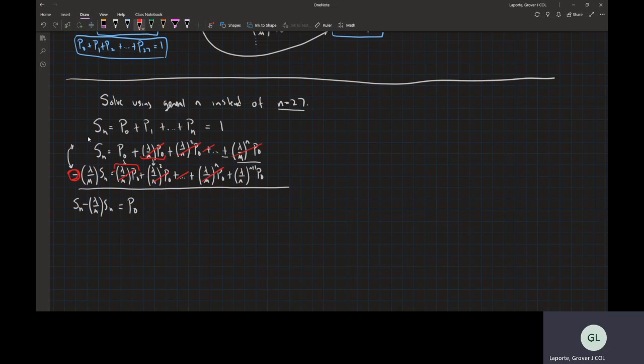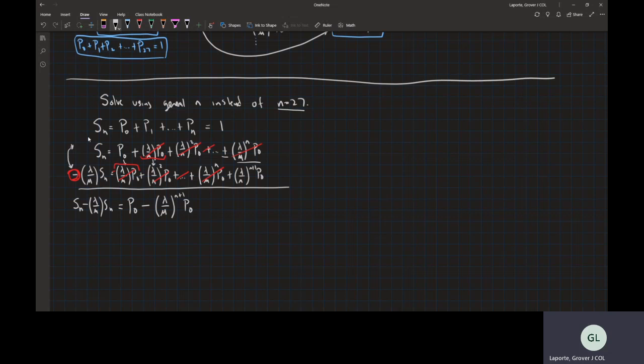So what we're left with is just P0 minus lambda over mu to the n plus 1 times P0.